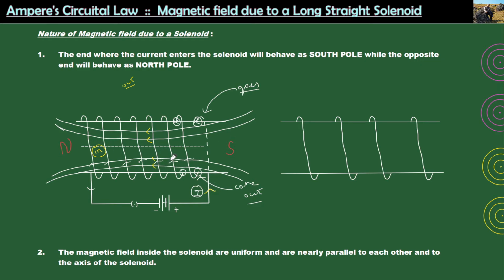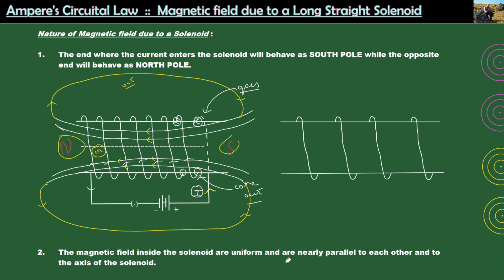So this will be the direction of movement of the magnetic field lines. Whereas for regions outside, if I complete the magnetic field line, it starts from north and goes to south. Inside, it goes from south to north.